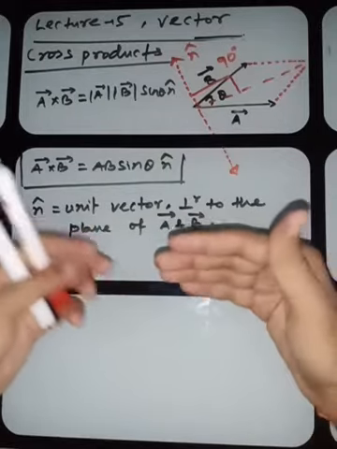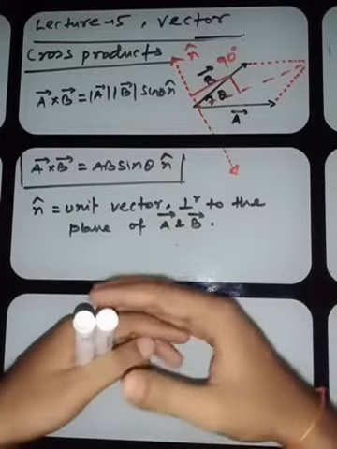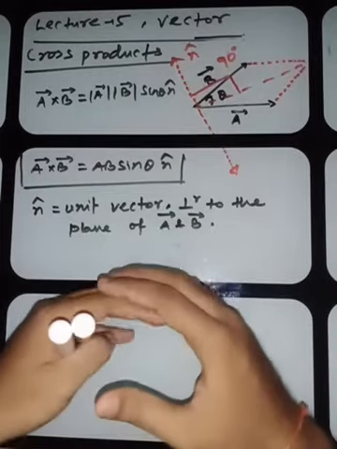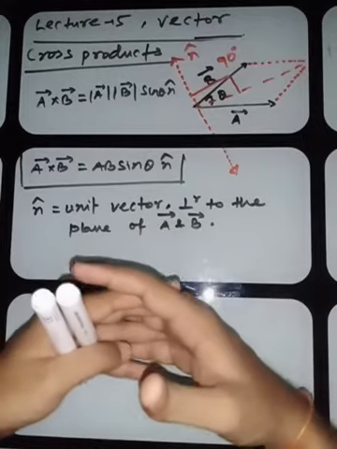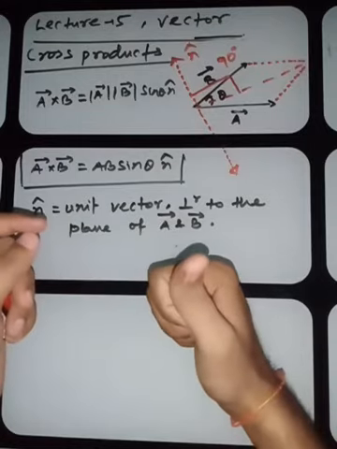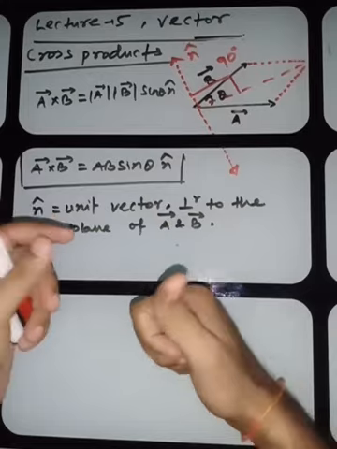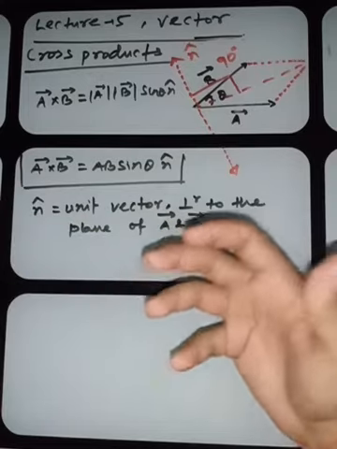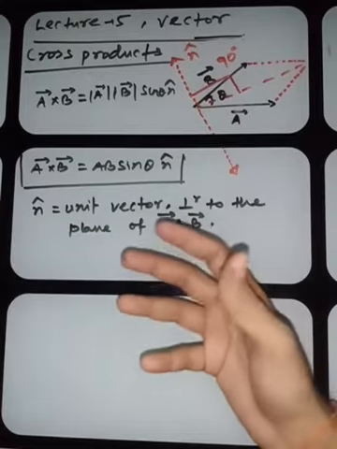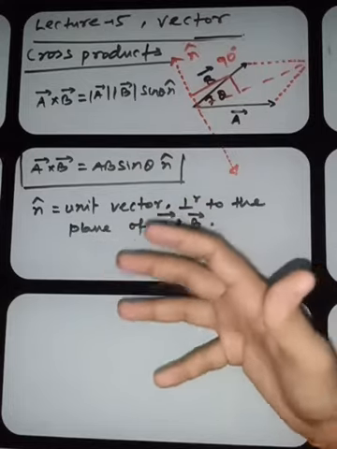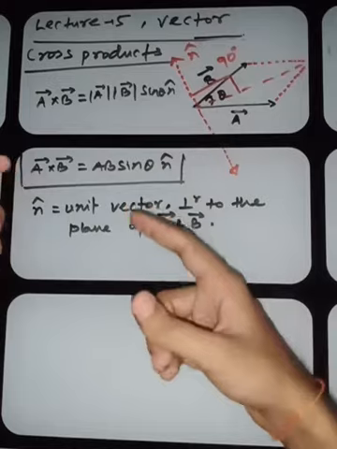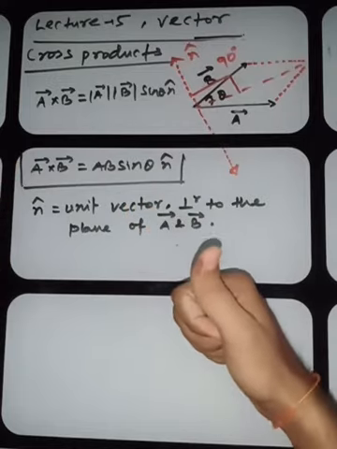So sir, why do we take only this one? My dear student, remember, there is a rule you have to follow to find this n cap. To find the n cap, we use the right hand thumb rule, which was first studied by Maxwell, that you studied in standard 10th while studying the magnetic field. So we will study this n cap using the right hand thumb rule.